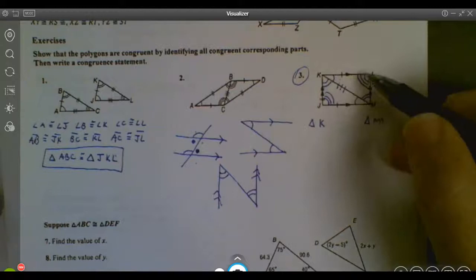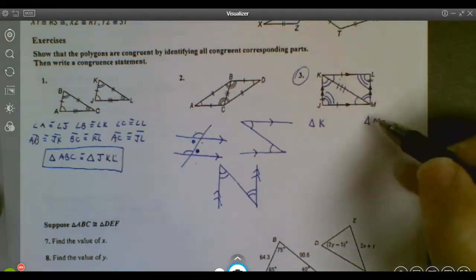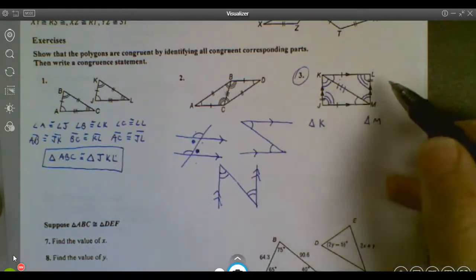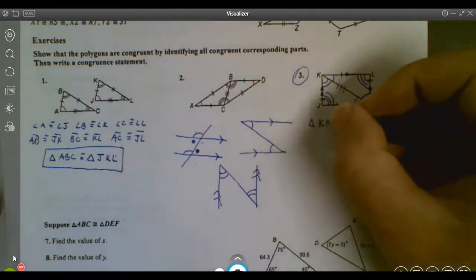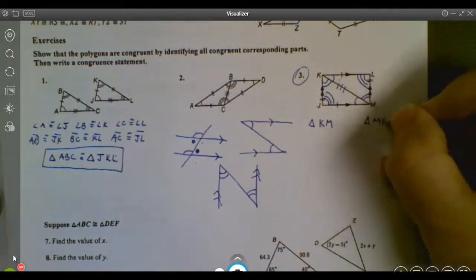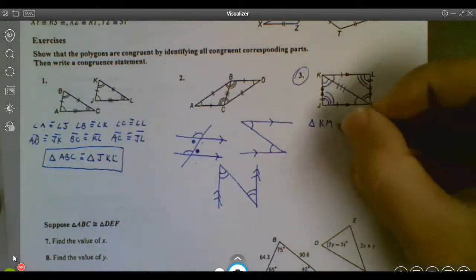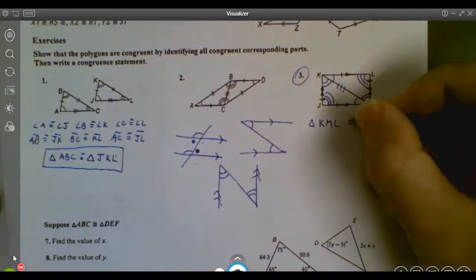So again, the first one is representing my upper right triangle. The second one is representing my bottom left triangle. So again, from the upper right, I can see that M goes with K on the other guy. And then the third angle on the upper one, L, goes with J. So those are my congruent triangles.